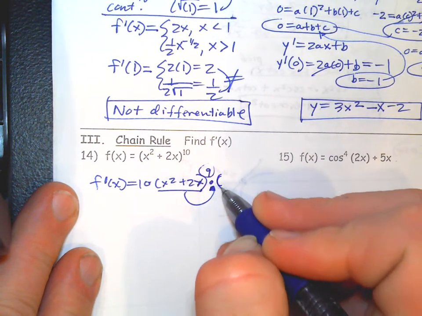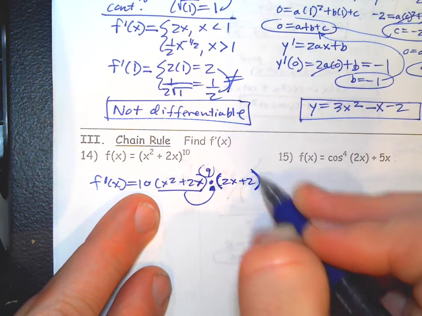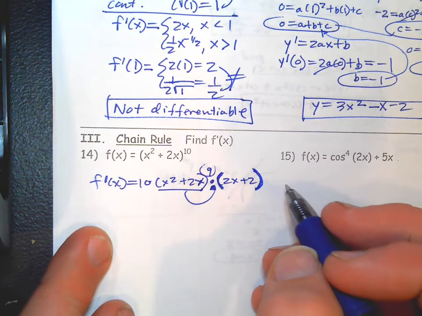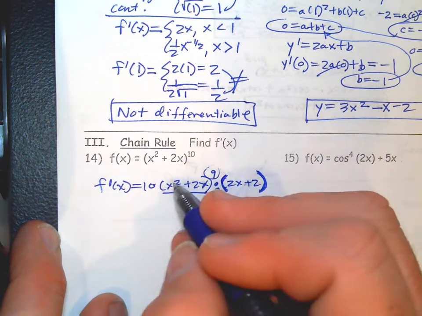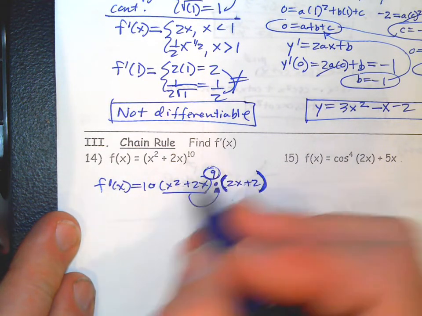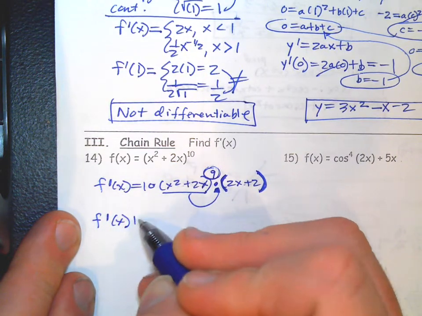Now, you better put parentheses around this. This is multiple terms, 2x plus 2. If you don't put these parentheses around it, it's really wrong. Now, for the final answer, I don't need this multiplied out. That'd be insane. You cannot distribute these into here anyway with this there first. You'd be doing multiplication before exponents, which violates PEMDAS. So we can just try and write it as nice as possible.